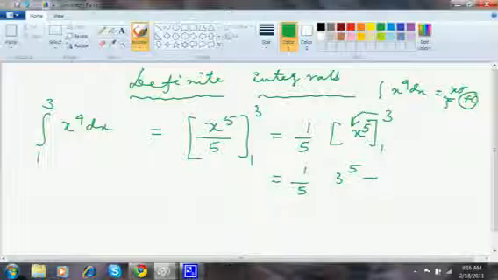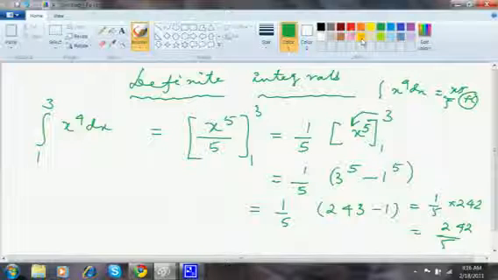Give a minus sign. In place of x put 1. So this is 1 by 5. 3 to the power 5 is 243 minus 1, which is 1 by 5 into 242, which is 242 by 5.